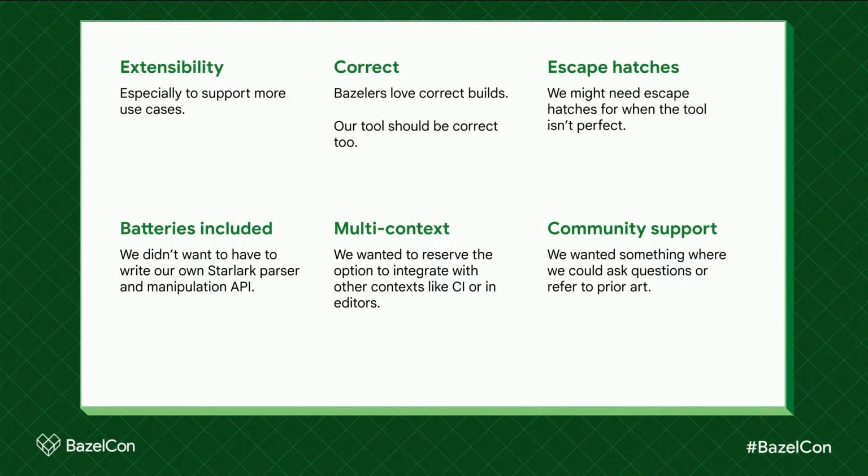Batteries included was also a super nice thing to have. When we're manipulating build files, what we're doing is manipulating Starlark AST. Personally, I didn't want to have to write my own parser and AST. It sounds like a fun exercise, but having to maintain that in production is something else. So we wanted to choose something that had all this ready.